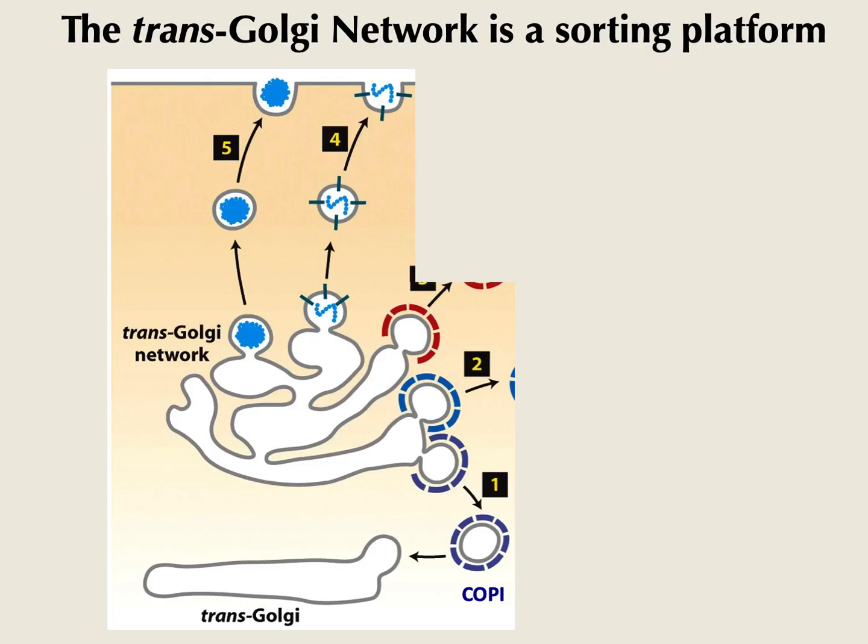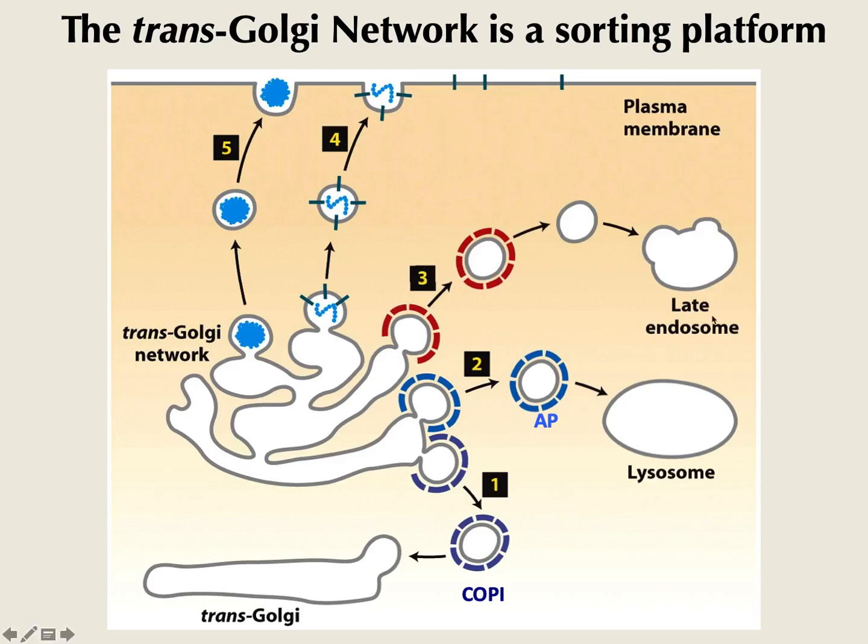Now, almost every other kind of vesicular transport involves clathrin. So we're going to talk briefly about clathrin, which helps package vesicles both from the trans-Golgi network as well as from endocytosis.